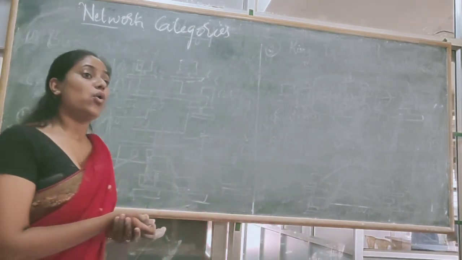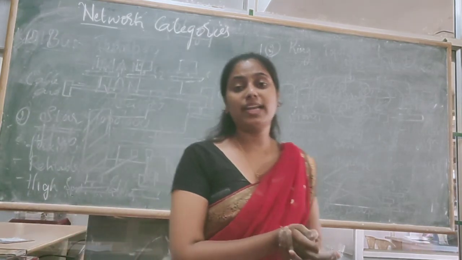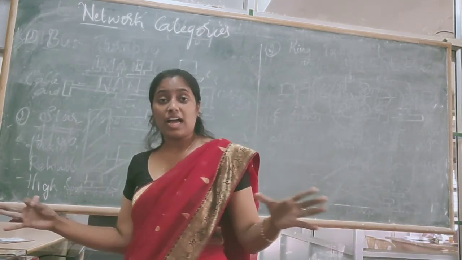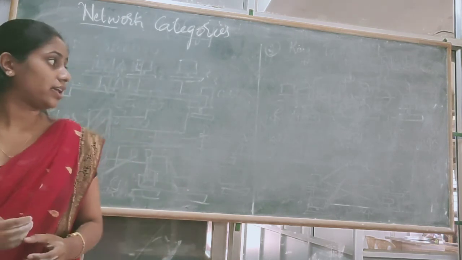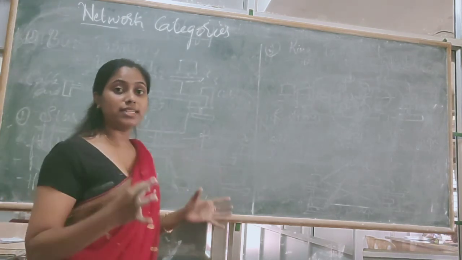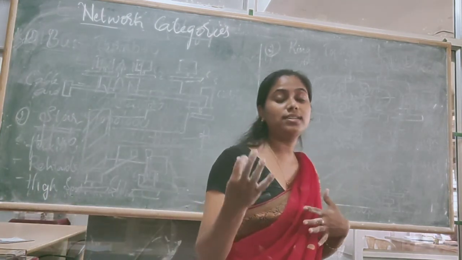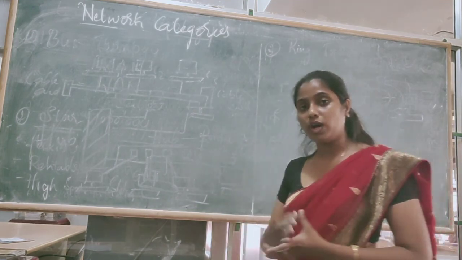And WAN means wide area network. It is concerned with large areas like continents, like two countries or the entire world.